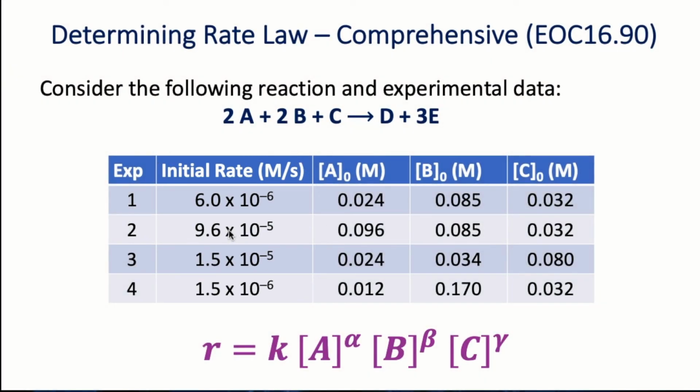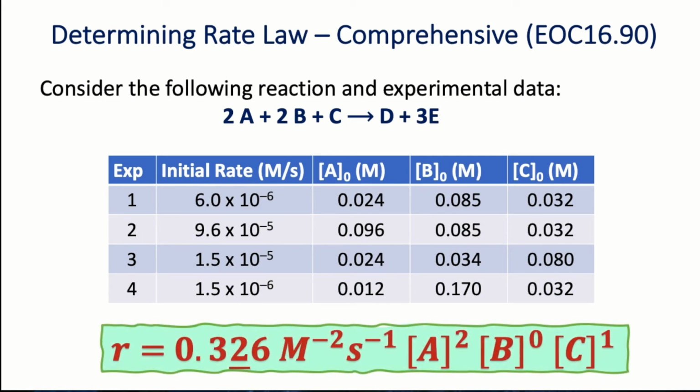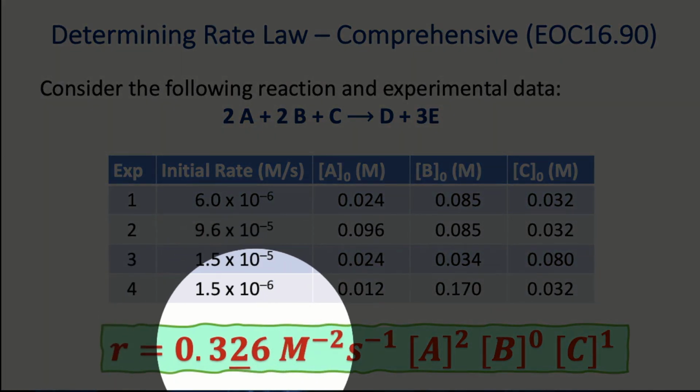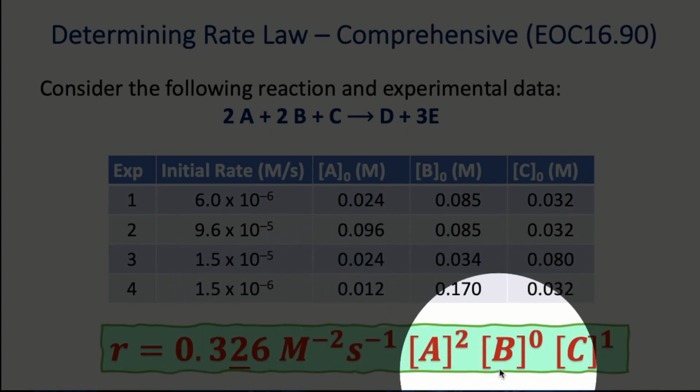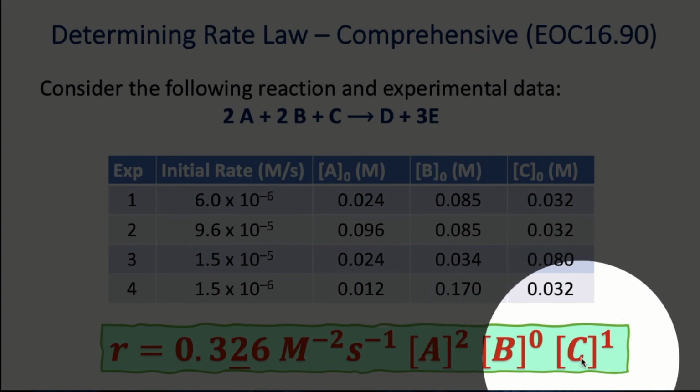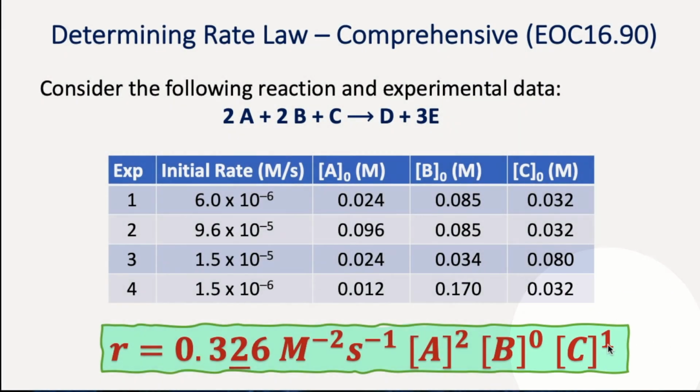We found that under these experimental conditions, with the data given, the rate law could be written in this form. We determined the numerical value for the rate constant, and we found that the rate order with respect to A was second order, with respect to B was 0 order, and with respect to component C was first order.